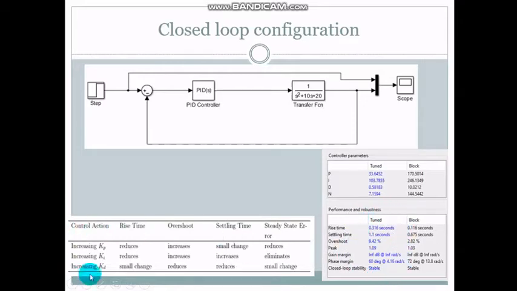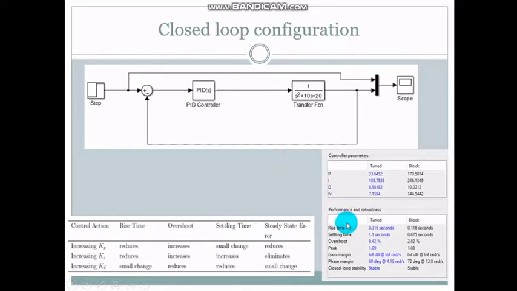This figure shows what happens inside the PID controller, where increasing the values of Kp, Ki, and Kd will affect the rise time, the overshoot, the settling time, and also the steady state error of the graph result.